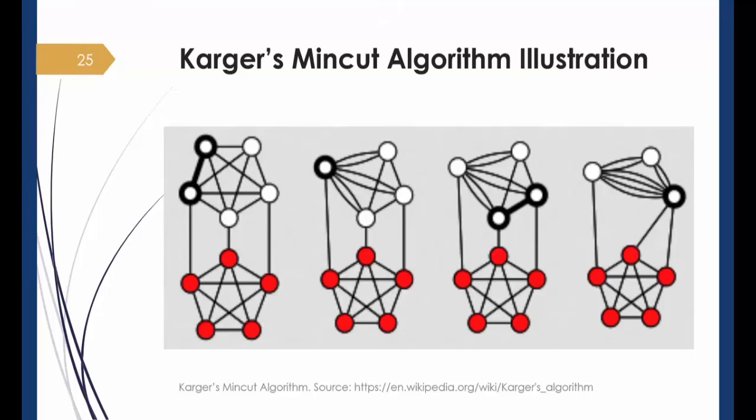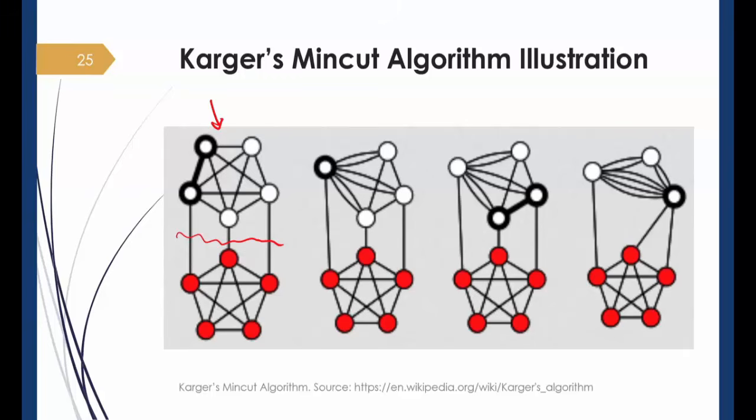So, let us look at how the algorithm operates, and this is our original graph, and as you can probably see by just eyeballing it, this is going to be the minimum cut, and this execution that we are going to see illustrated here actually is going to discover that particular min cut.